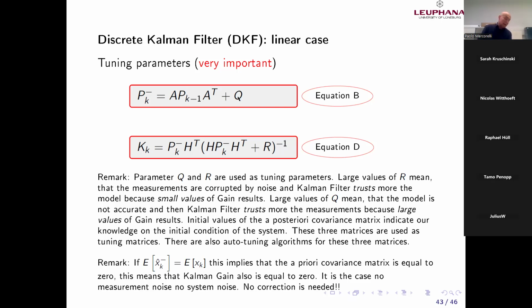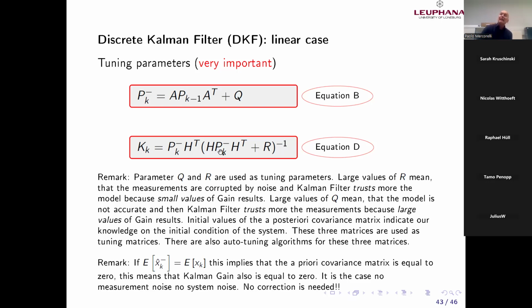What is the meaning of a tuning parameter? With different criteria, we can set suitable values of Q and R. The criterion could be to minimize the a posteriori PK matrix, using, for instance, neural networks, particle swarm optimization methods, and also different methods.